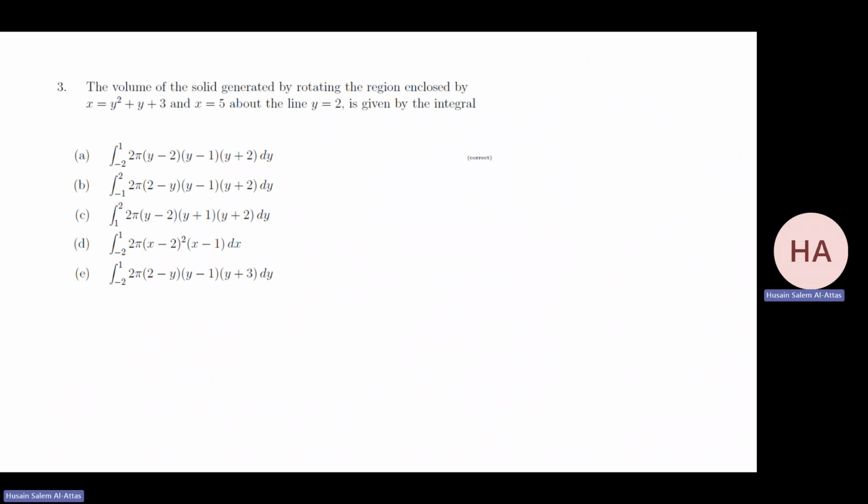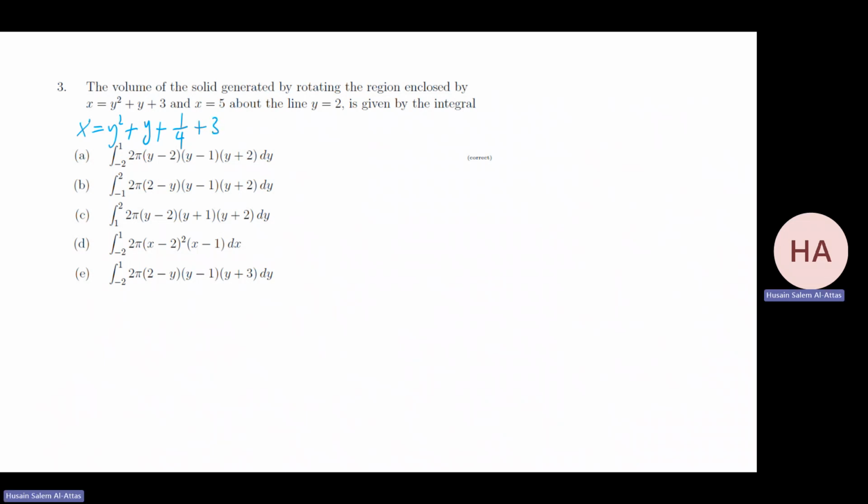The volume of the solid obtained by rotating the region enclosed by this. So you write x is y squared plus y. I do completing the square. I want to write this function plus 1 over 4, I add half the coefficient of y squared.